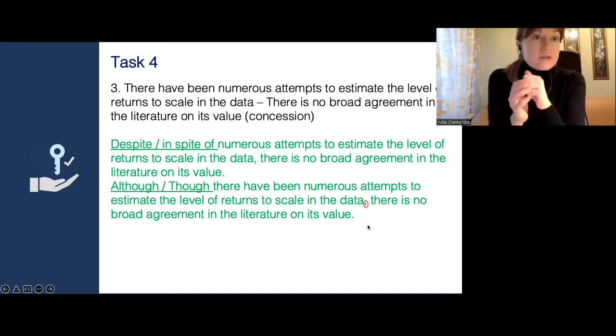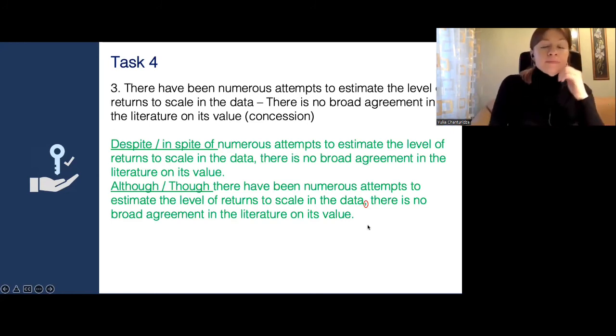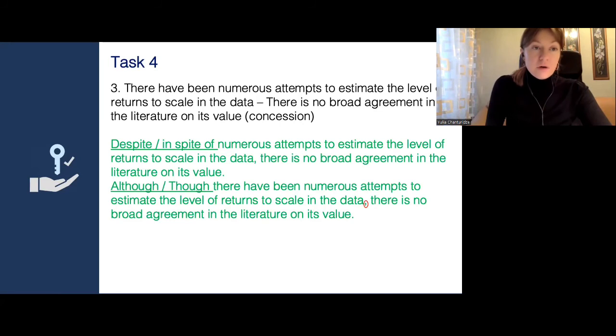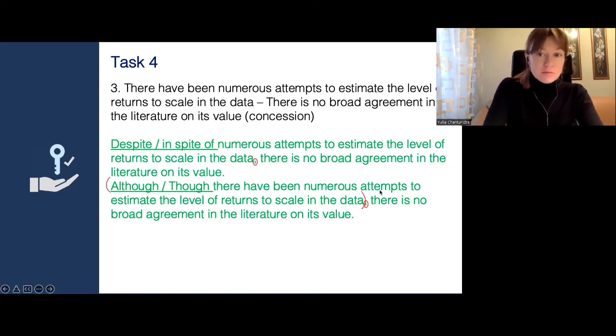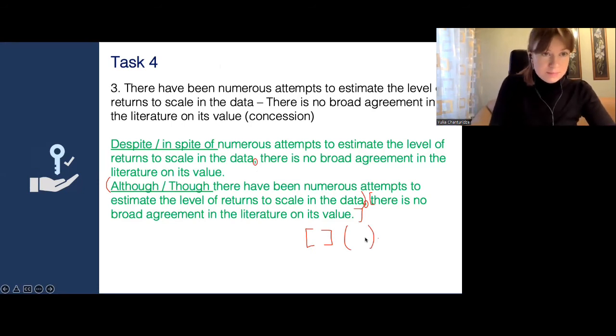Here it ends the part with although and though, and we need a comma to let the reader make a stop at the end of the clause. Here as well, I have put a comma. Usually when we start with a subordinate clause, we put a comma after it. When we start with the main clause and then the subordinate follows, we usually don't put a comma.